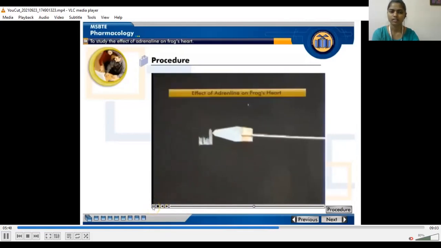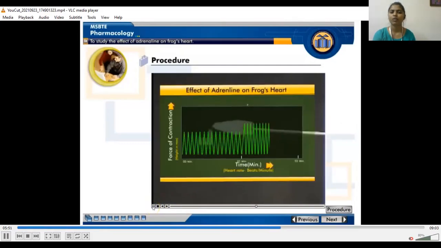So the effect of adrenaline on the frog heart is an increase in the heart rate as well as an increase in the force of contraction.